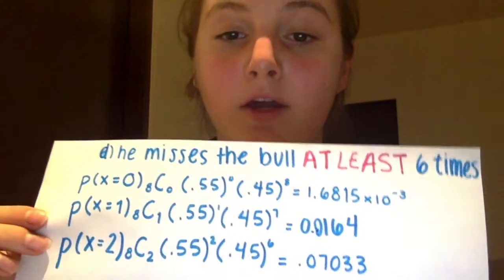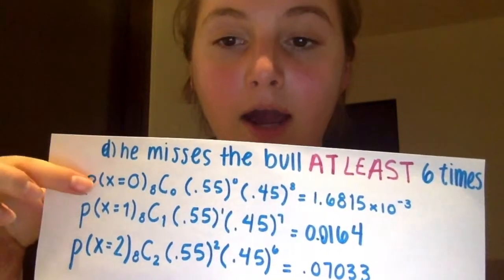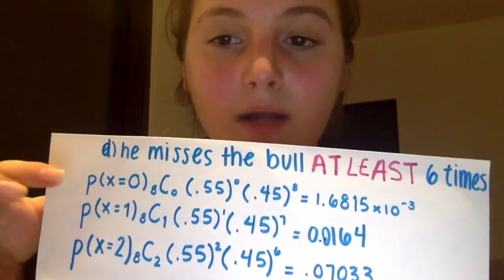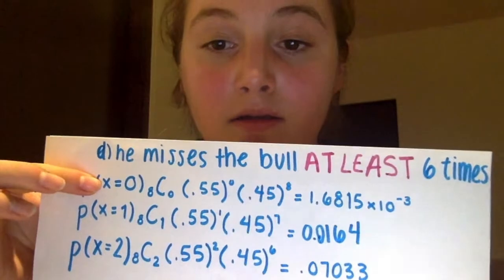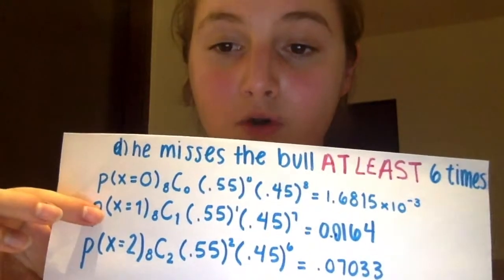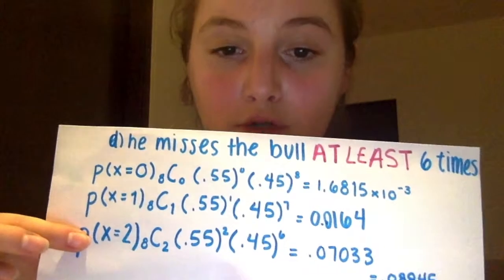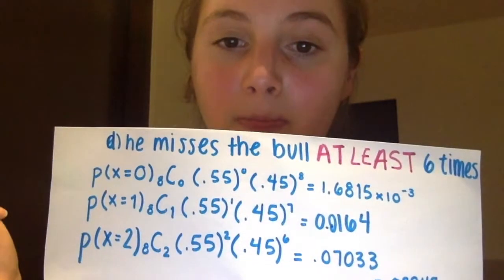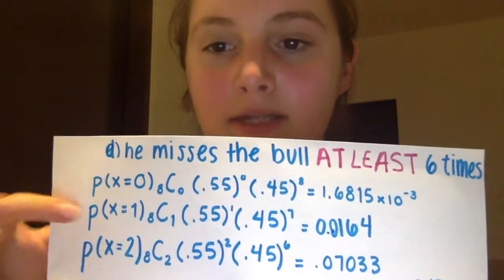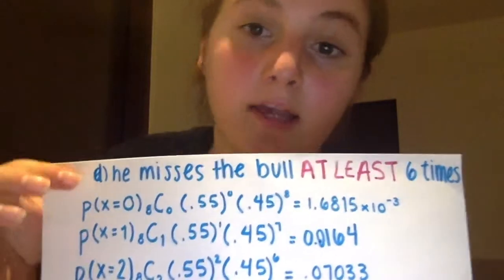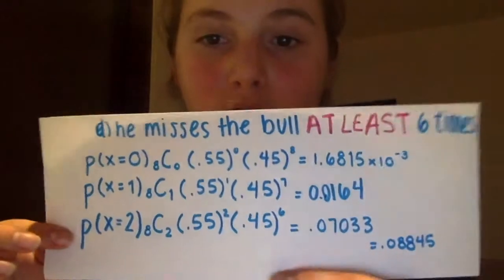Here I placed 0 because there's a probability that he can score 0 times, 1, or 2. And it's the same as saying that he will miss 6 times, as saying he scored 2 times. So here's how it's supposed to be.